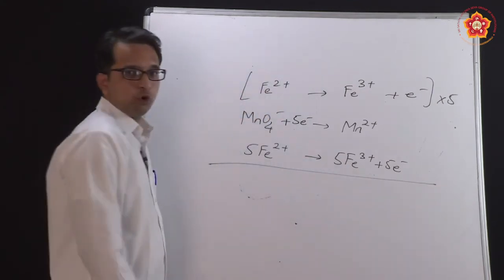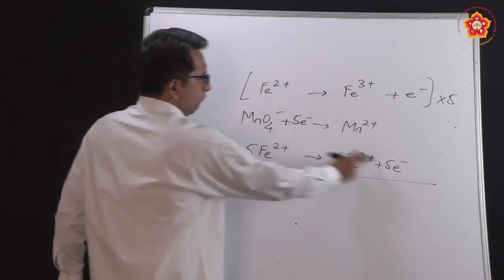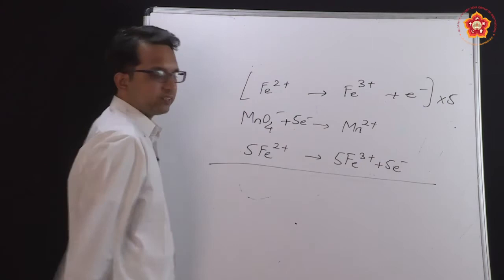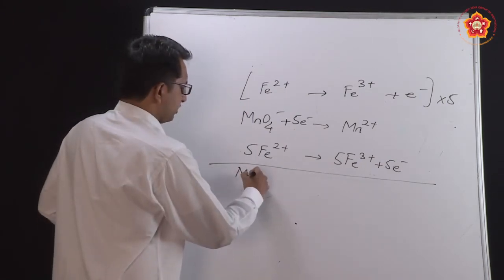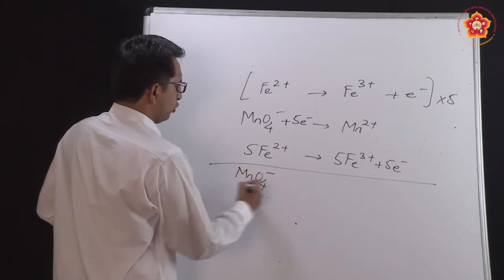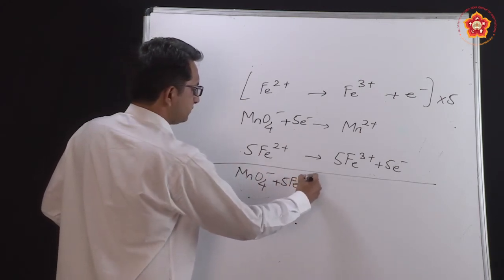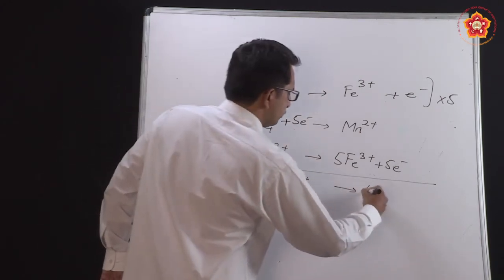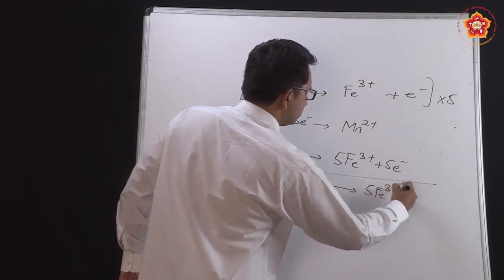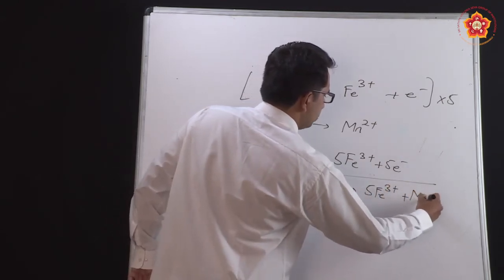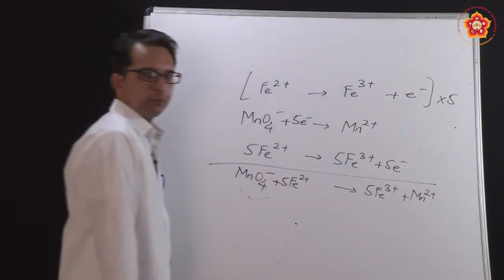How will I come to the overall reaction now? 5 electrons get cancelled on either side. So, what all are left over? Let me write them: MnO4 minus plus 5 Fe2 plus gives rise to 5 Fe3 plus plus Mn2 plus. What are we supposed to do now?